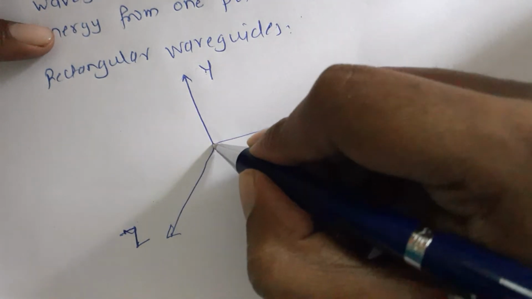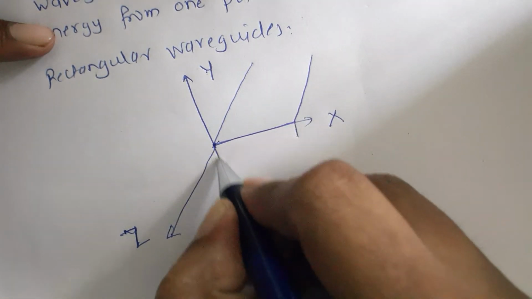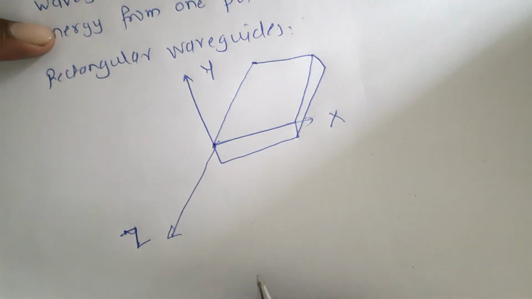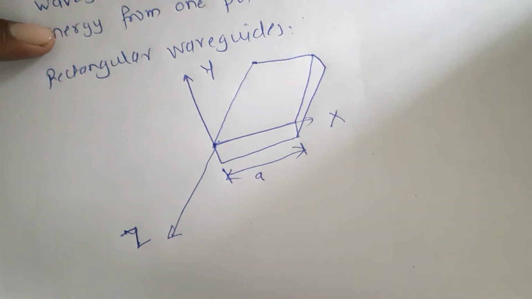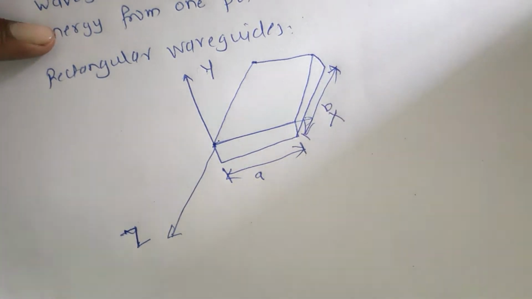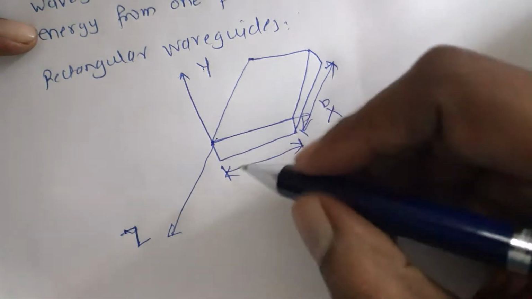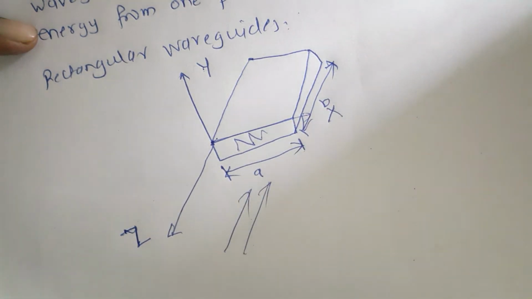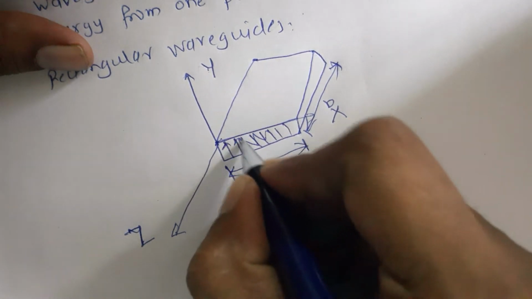On this one I will draw the rectangular coordinates. So this is the A and this one, this area is B. So this is a hollow tube or hollow pipe, and from this direction we have to pass the frequencies. So frequency will look like this one.